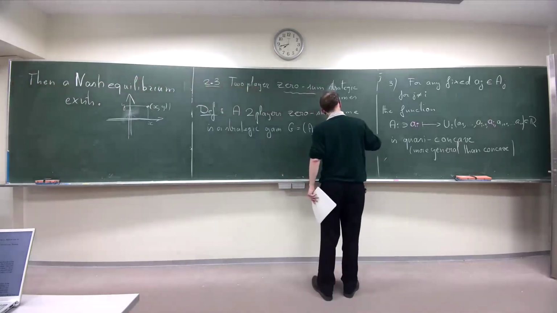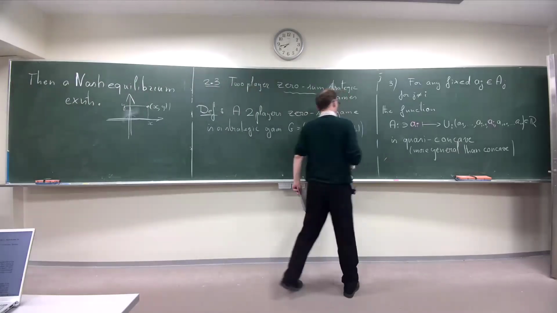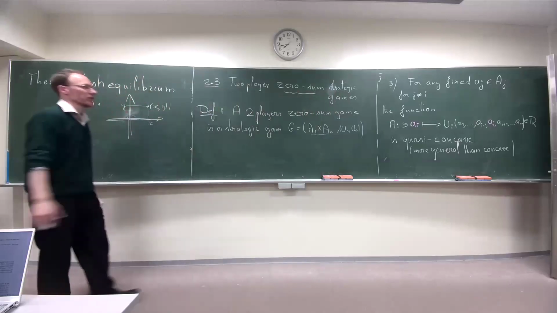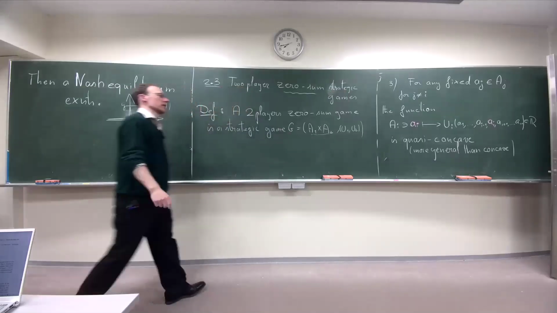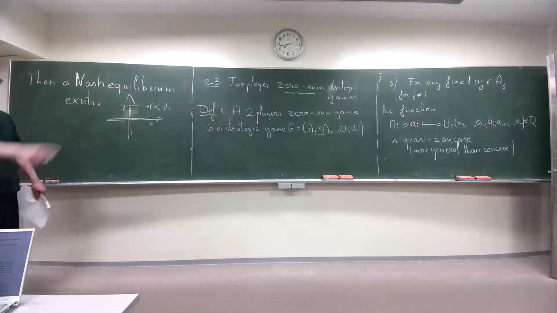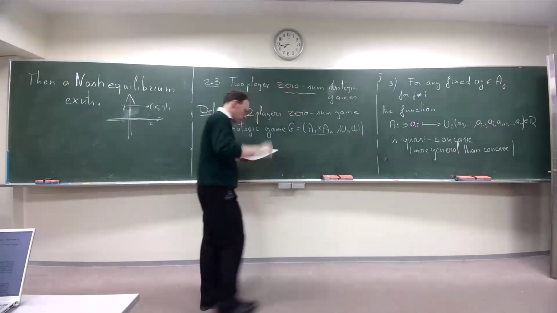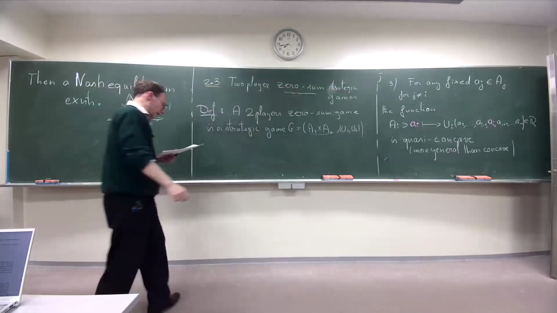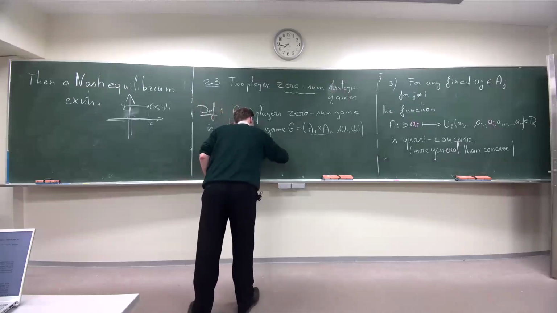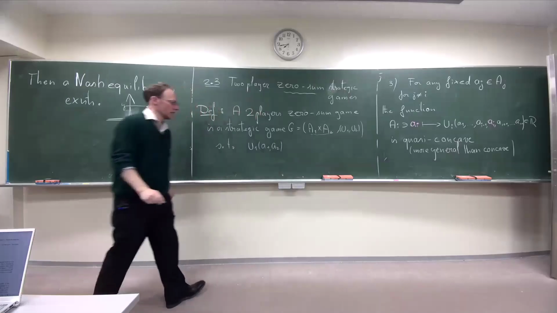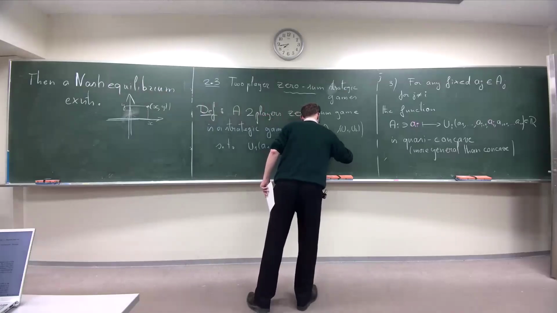And we have two functions, U1 and U2. By writing this, I emphasize that it's a two-player game. It's a strategic game G with this set A and these two utility functions, such that U1 of A1, A2, this is just a number, plus U2 of A1, A2 is 0.